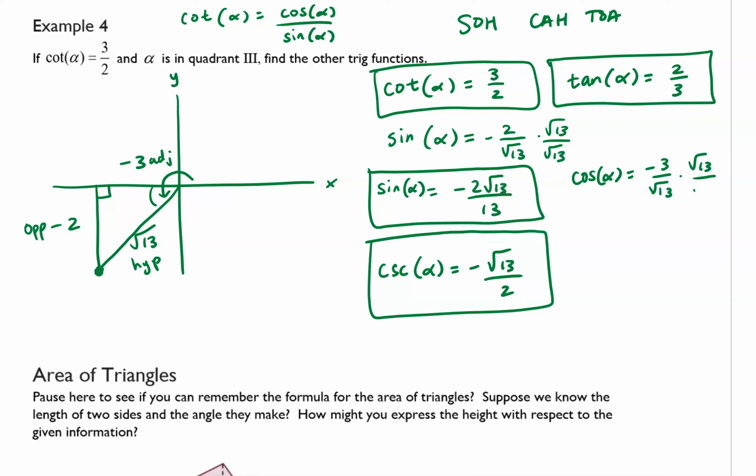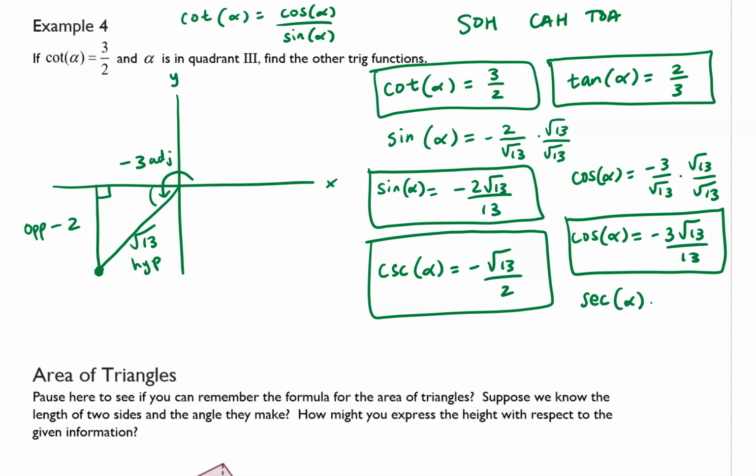And I want to rationalize that. And so that's going to end up giving us cosine of alpha is equal to -3 root 13 over 13. And then the last one that we are missing is secant of alpha, and that is the reciprocal of cosine. And I'm going to take the reciprocal of that thing that I've just highlighted, and that's going to be negative square root of 13 over 3.